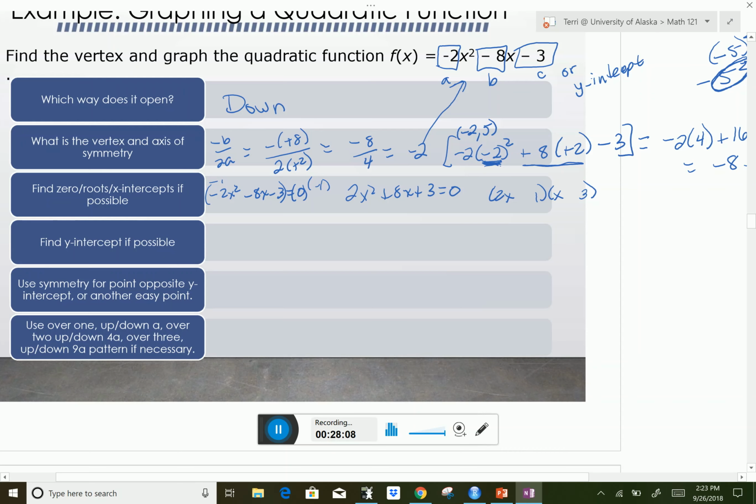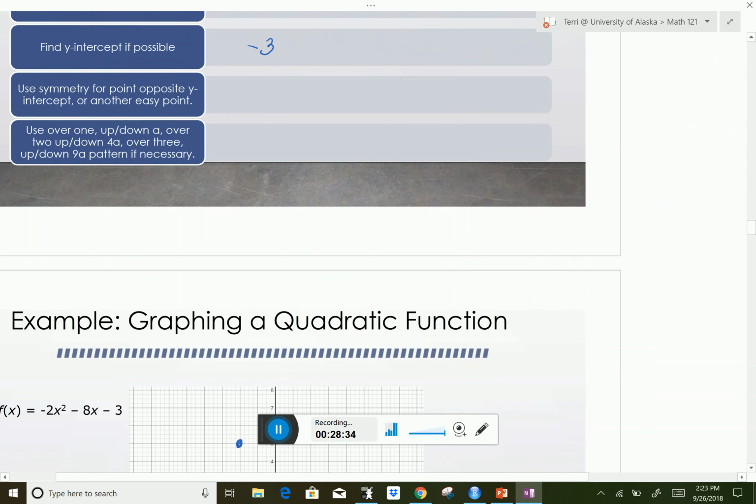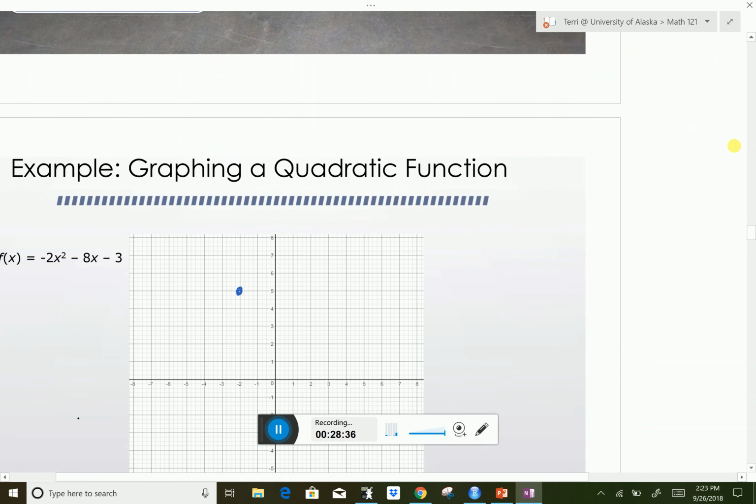That's 7. If I switch them, that's 5. So it's not factorable. We could use the quadratic equation, but we'll get to that later. We're not going to do that part right now. The y-intercept is at negative 3. So we do know we have a spot at 0, negative 3.